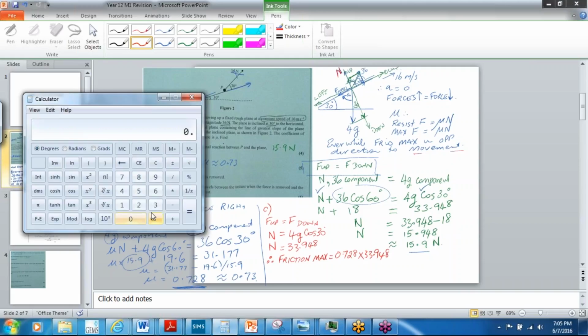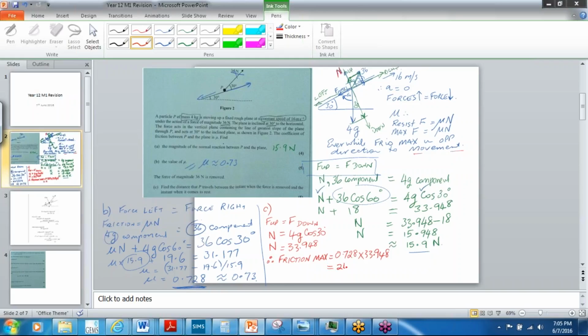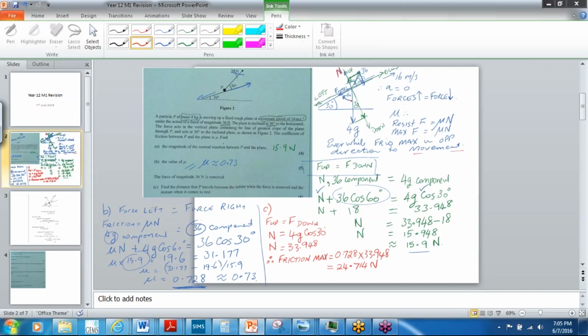So let's calculate that. 0.73 or 0.728 times 33.948. So we've got our new friction is 24.714. That's our new friction down the plane.